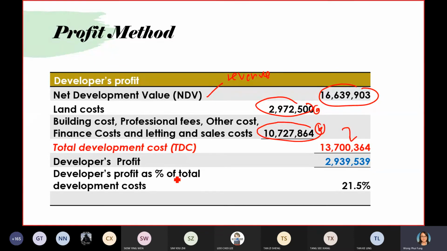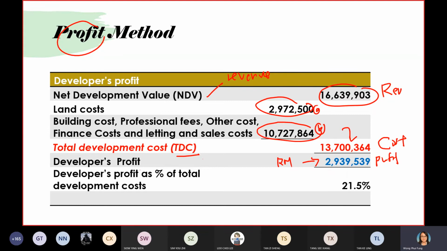This is what we call TDC, total development cost. So in order to calculate profit, you use the revenue minus the cost. Straightforward, isn't it? Then you get what? Profit. So the profit here is 2.9 million. This is expressed in RM.